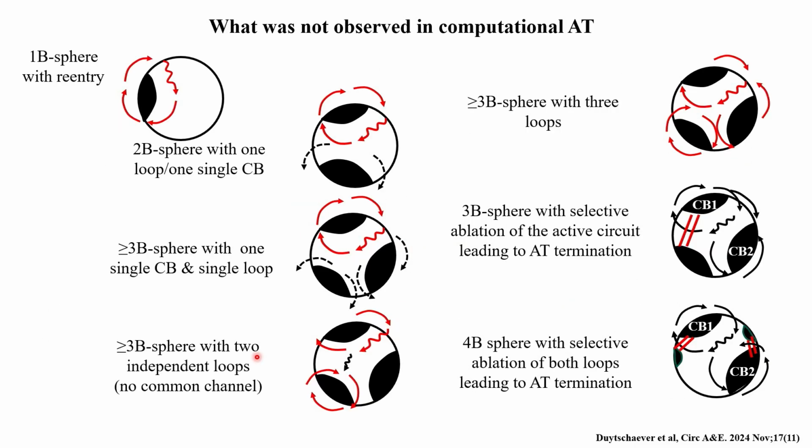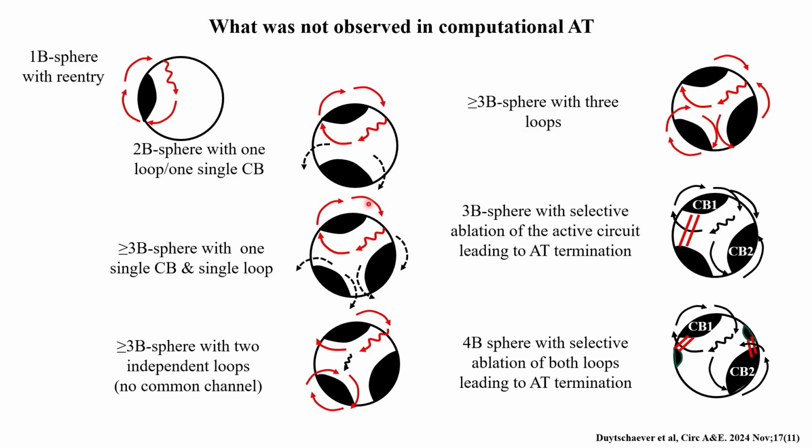What is important, what we never observed, and what you read daily in case reports, but is incorrect: an atrium with 1 boundary, with a single loop, doesn't exist. What also doesn't exist is an atrium with 2 boundaries, with one single loop and parallel activation around the other boundary. You read it everywhere. It doesn't exist.